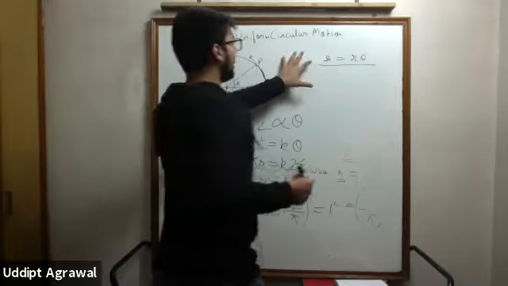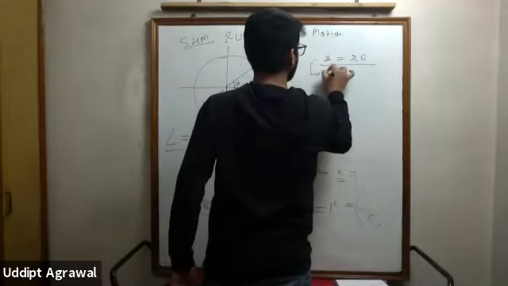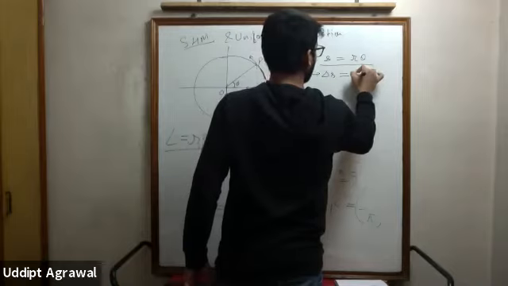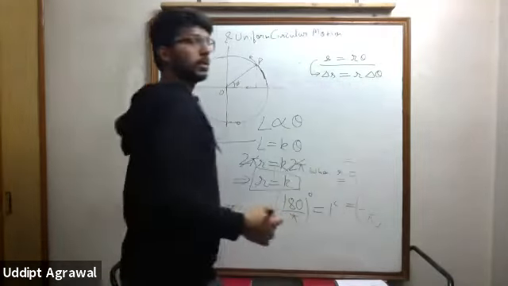Now, if I convert this into delta S, it will be equal to r delta theta because r is a constant.